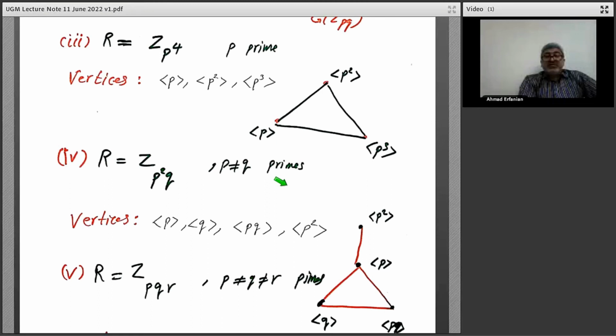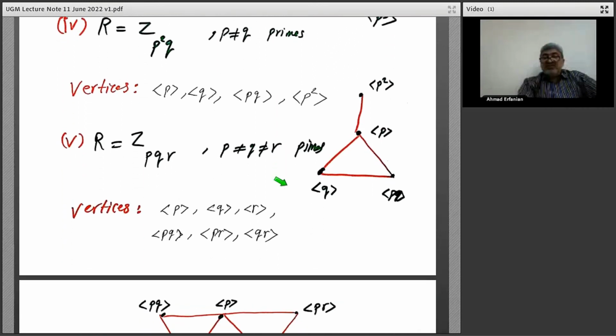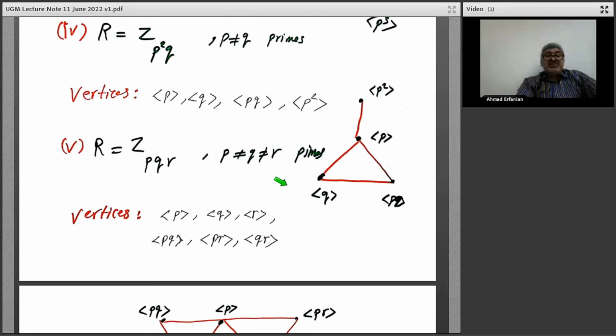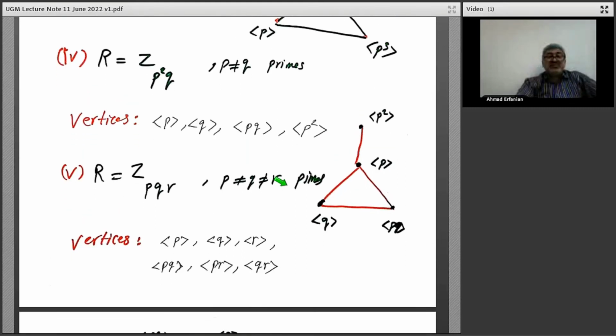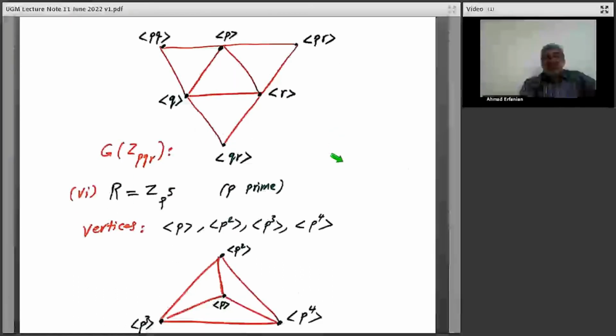Here for Z_{p^4}, we have three ideals, and that's a triangle. For the ring Z_{p^2 q}, we have four ideals here, and this is the graph.